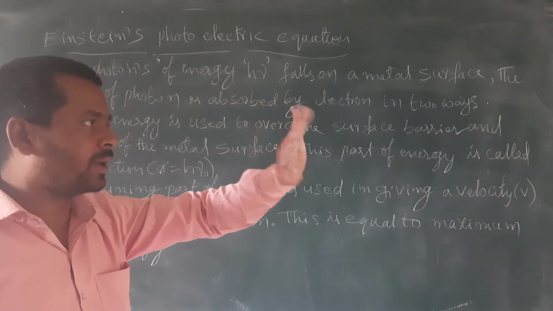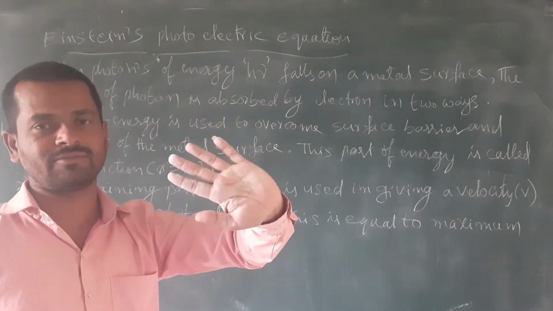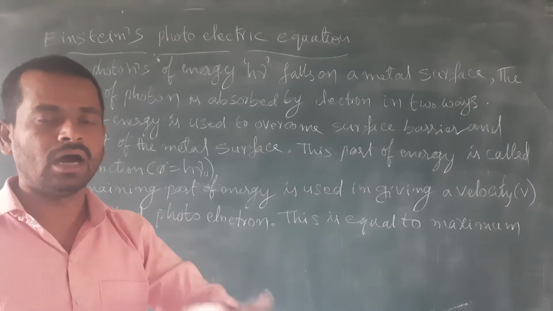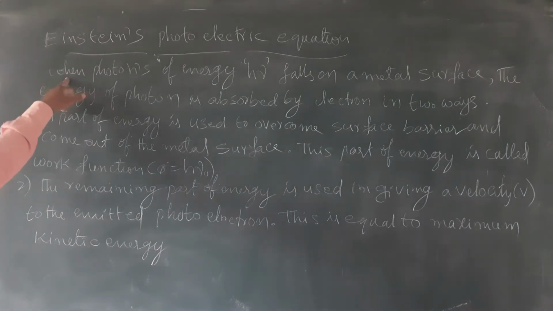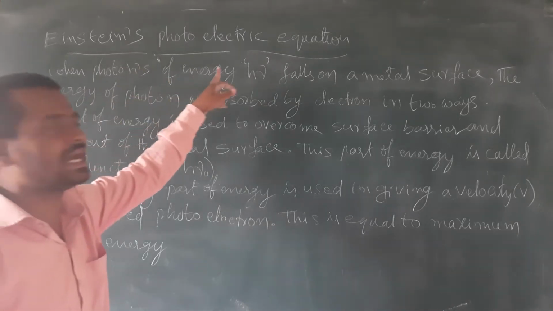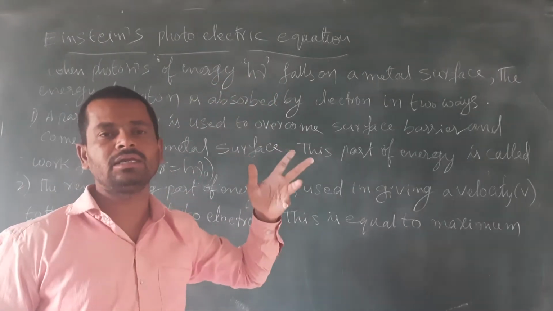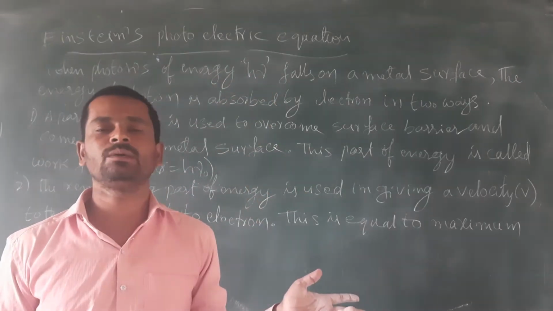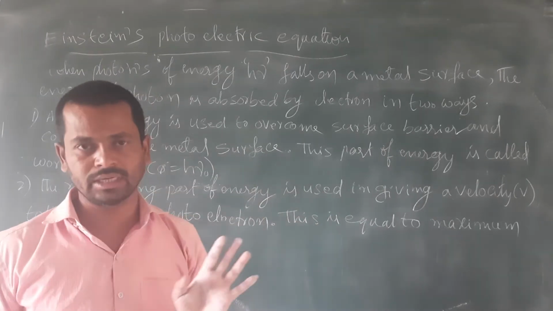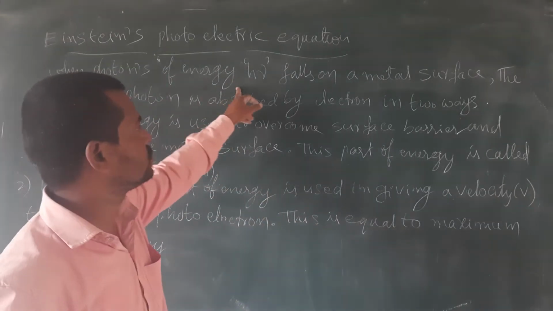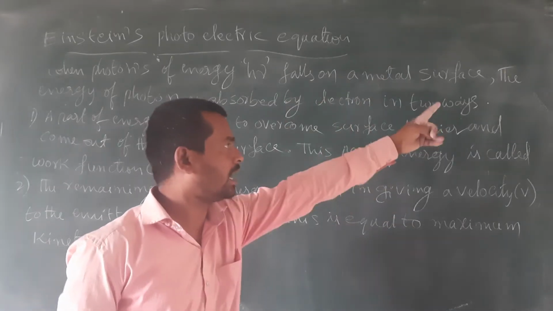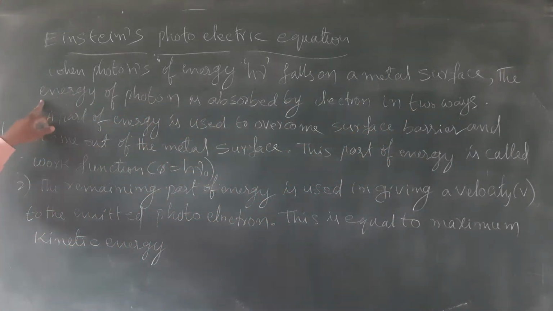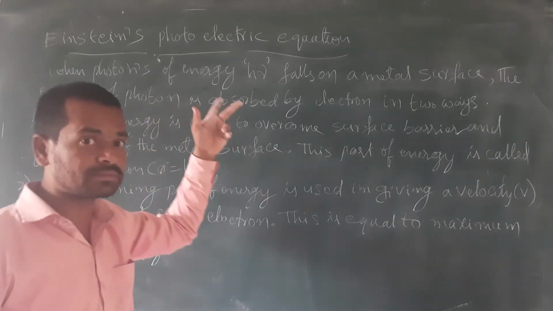And when light falls on the metal surface, what happens, how do electrons come outside? Now see here, when photons of energy h nu, according to Max Planck's energy equation E is equal to h nu, fall on a metal surface, then the energy of the photons is absorbed.